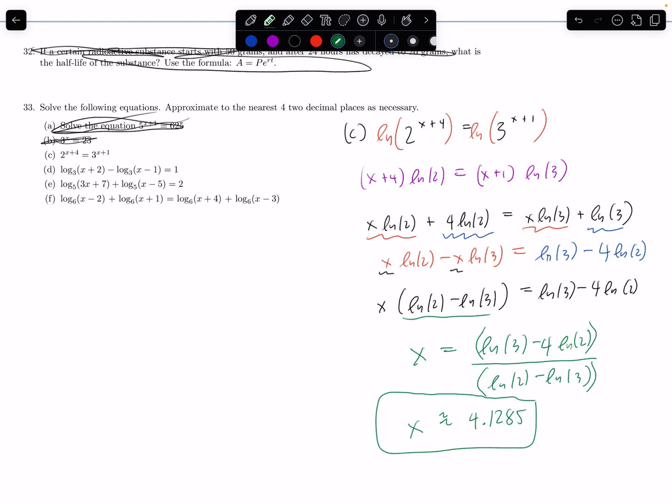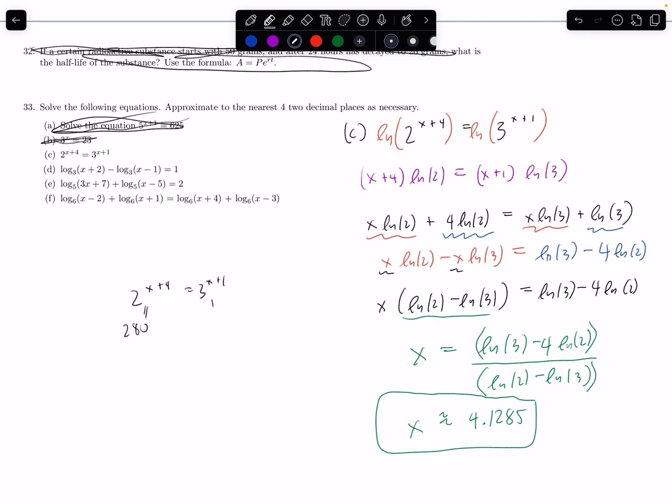Okay, as a quick check, make sure that your answer makes sense. I'm going to plug it back into the original equation, 2 to the x plus 4 equals 3 to the x plus 1, just to make sure it comes out reasonably close. Because of rounding, it's not going to be totally exact, but I'm going to punch in 2 to the 4.1285 plus 4. That's about 279 or 280 to the nearest whole number.